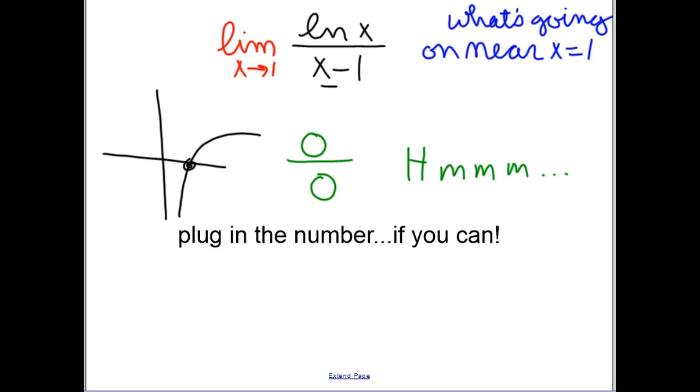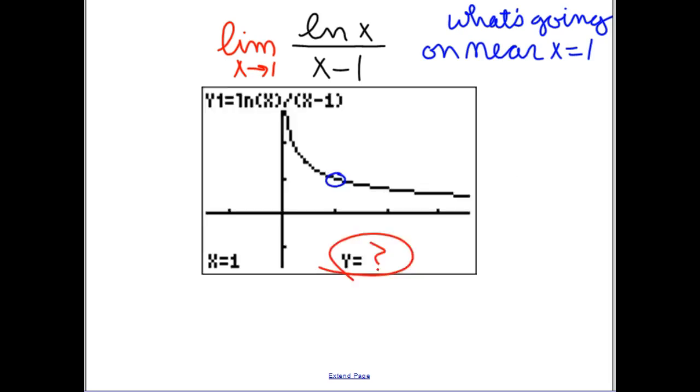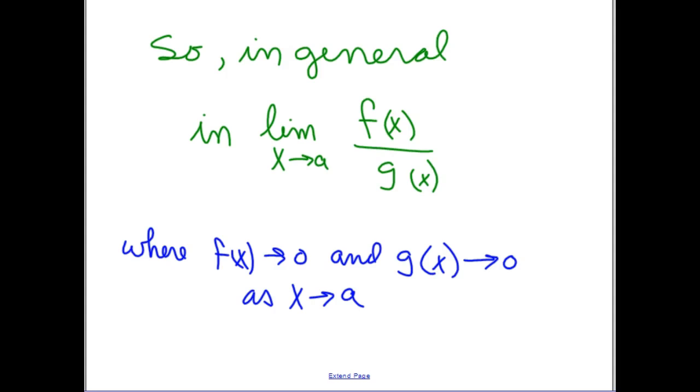But as we said, clearly there appears to be a limit. This function appears to be approaching something. So how do you do this? So a general form of this, when I'm taking a limit, some function divided by some other function.